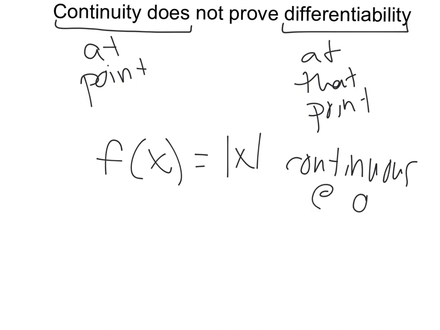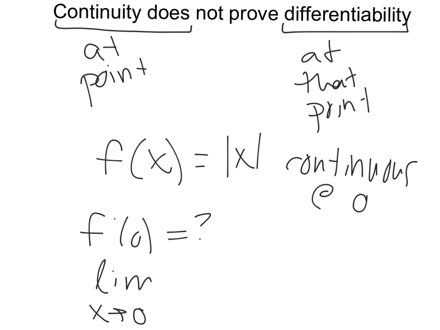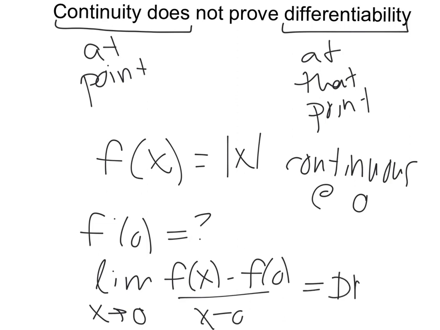It was not differentiable because this didn't exist. We couldn't find the limit of this function, and since this limit didn't exist, the function was not differentiable.